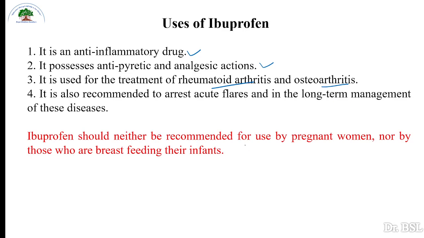Ibuprofen should neither be recommended for use by pregnant women nor by those who are breastfeeding their infants. That means mothers and to-be mothers are not recommended to take this medicine.